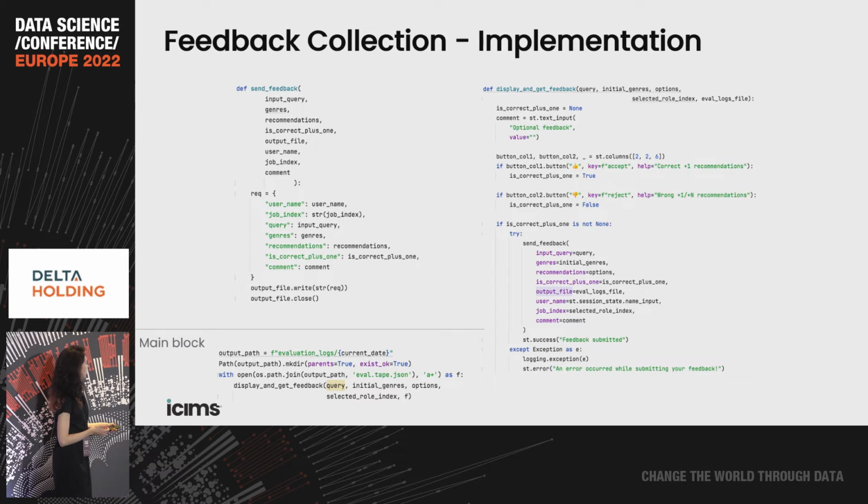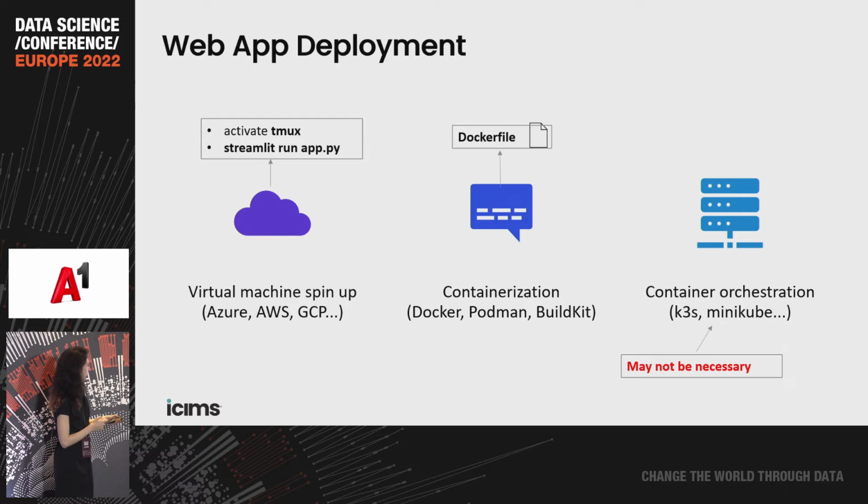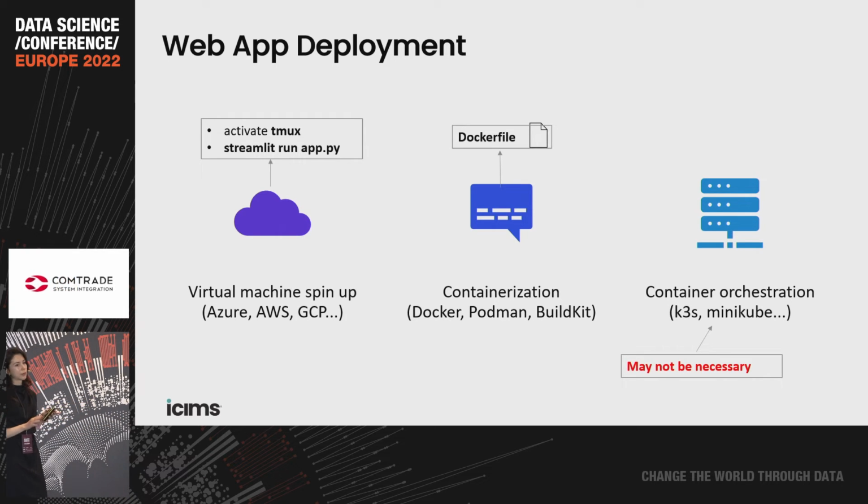Then you write to your output file, appending each feedback JSON. That's mainly it. Here you can define an evaluation logs folder where you can store your feedback in the main block and send your feedback. The last part is just one slide: web application development and deployment.